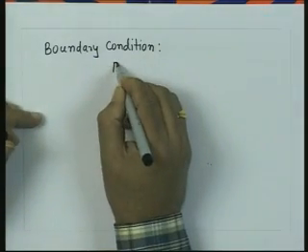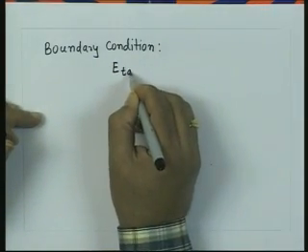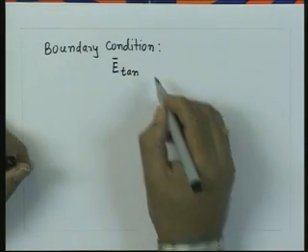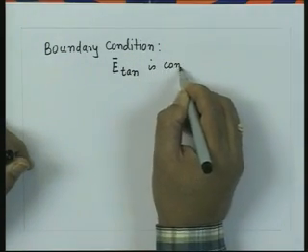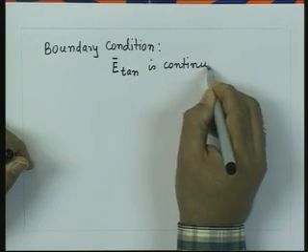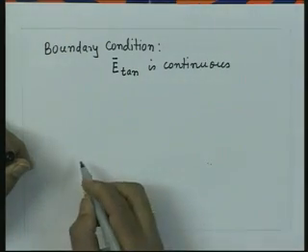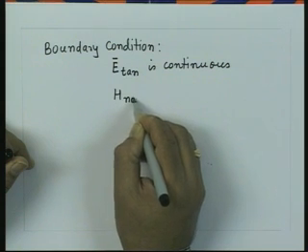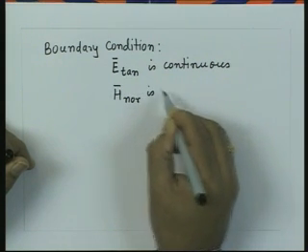That is, the tangential component E tangential at the interface is continuous, and also the H normal is continuous.